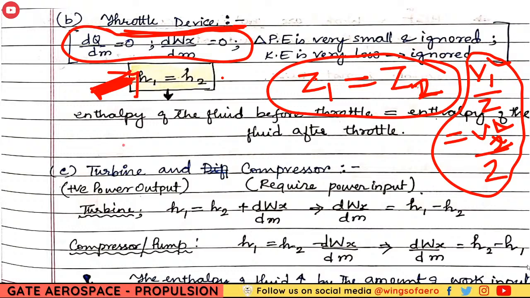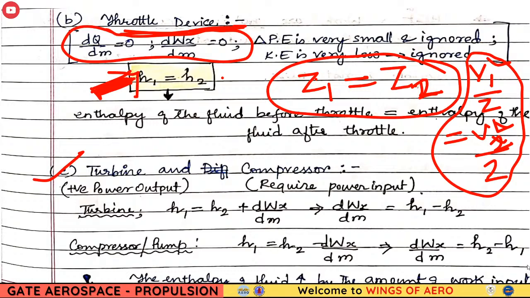All right. Now moving to the next, we have the turbine and compressor. Now turbine gives positive power output and compressor is where we require the power input. Sometimes in the question they might not use the term turbine or compressor. They will just use the term power output and input.